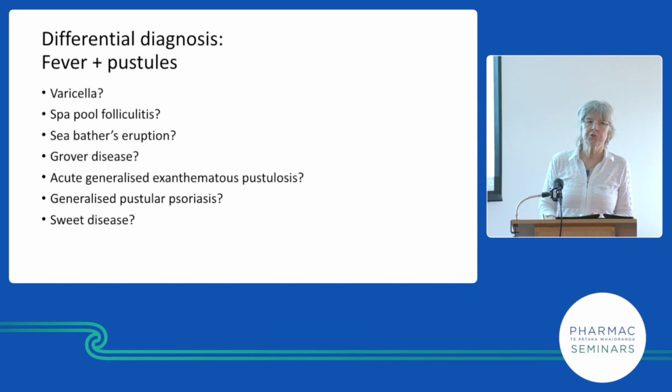Okay, so how are we going to tell if it's varicella? Generalized aches and pains and fever and a rash. What are the clues to varicella? History of chickenpox. Well, varicella is chickenpox. Oh, you mean they've had it before?